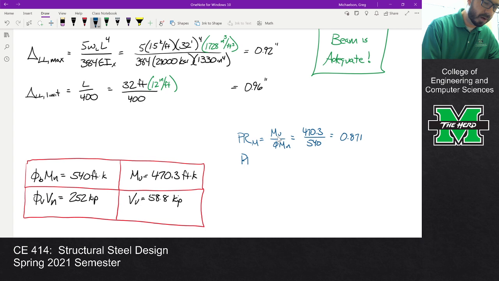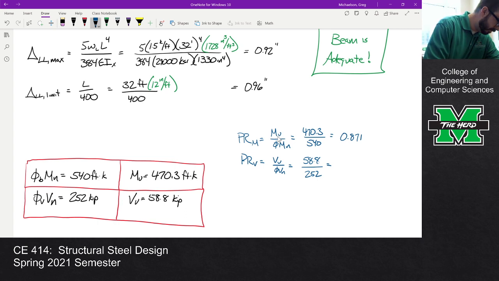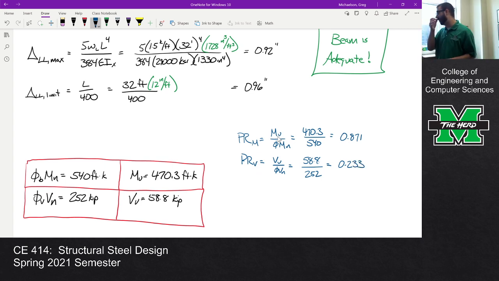If I wanted to do one for shear, I would do 58.8 over 252, and I'd get 0.233. And the nice thing about performance ratios is I can do it really for any limit.